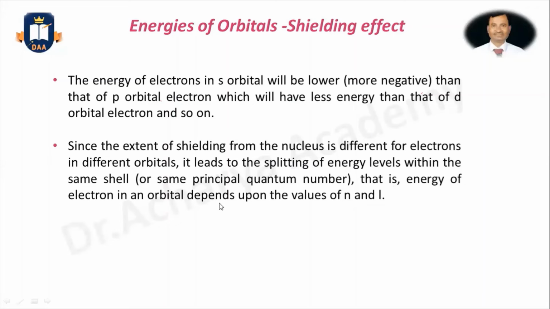And so the energy of electrons in an orbital depends upon the values of n and l. n is the principal quantum number, one parameter for counting the energy, and azimuthal quantum number l is also accountable for the energy of electrons in a particular shell.